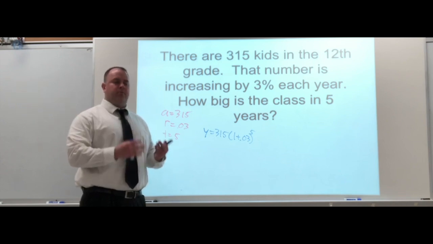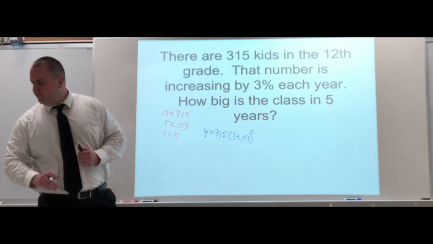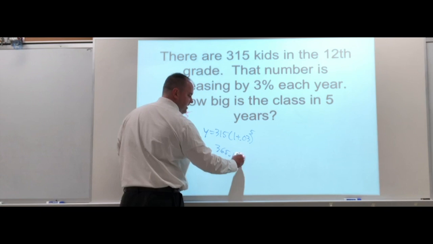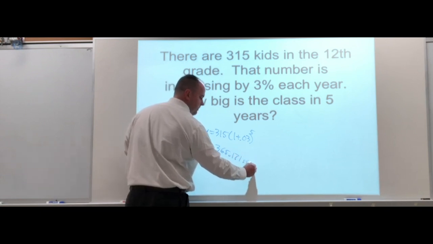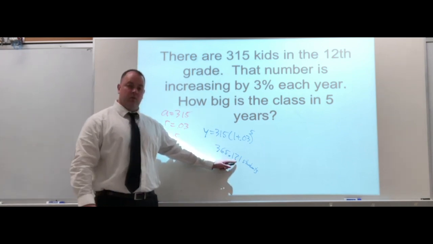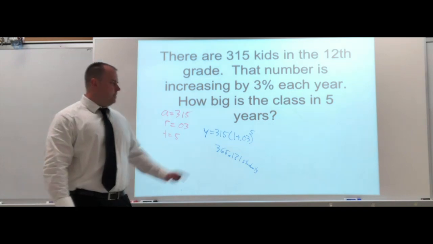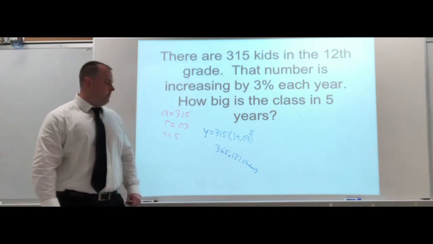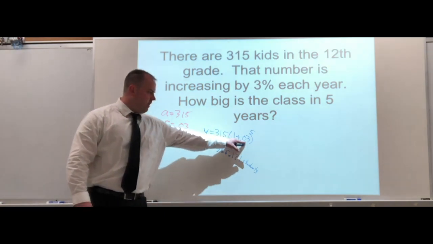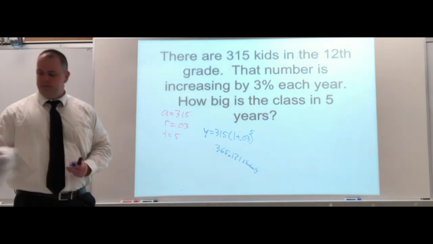Plugging this in, you should get 365.171 students. I know you can't have 0.171 students. I want you to write down what the calculator gives you. So take a second, plug that in, and see if you can match that answer there. We had our starting amount, our rate, and our time. They're the three pieces you're going to need to find.